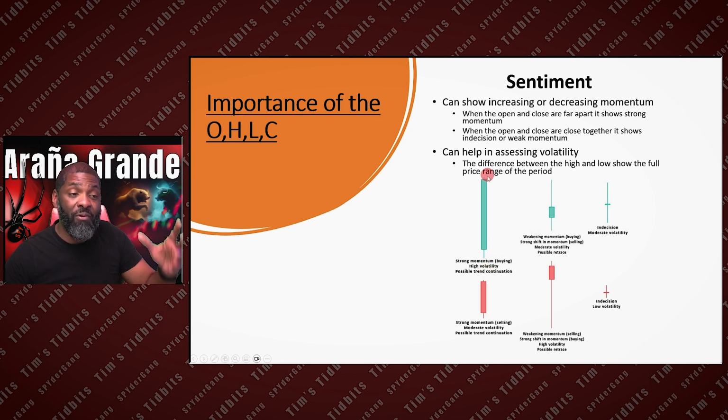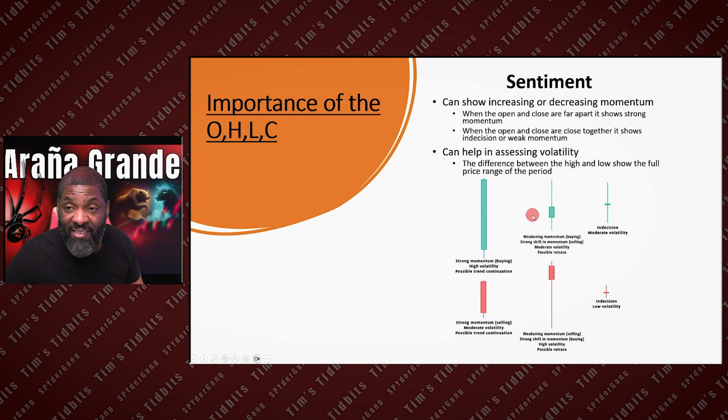It's a very big range between the highest high and the lowest low, so that indicates possible high volatility, right? And it also indicates a possible trend continuation, meaning you've got a lot of momentum, a lot of volatility. The trend can potentially keep going based off of looking at that candle.